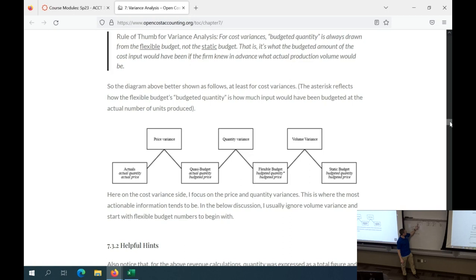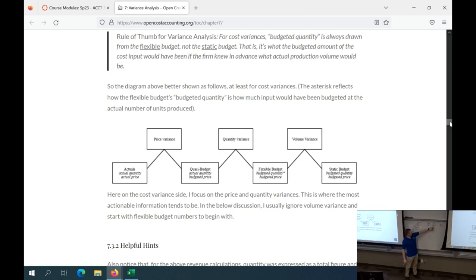So we need actual quantity purchased here because that's what's going to be relevant to that decision maker. The purchasing manager for the direct materials has control over the quantity purchased. So you want to be calling that person up with a dollar amount related to the decision that that person actually made.